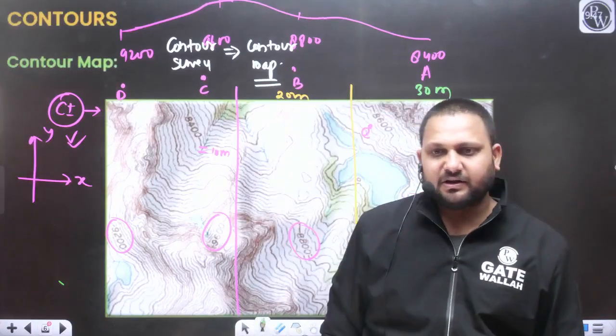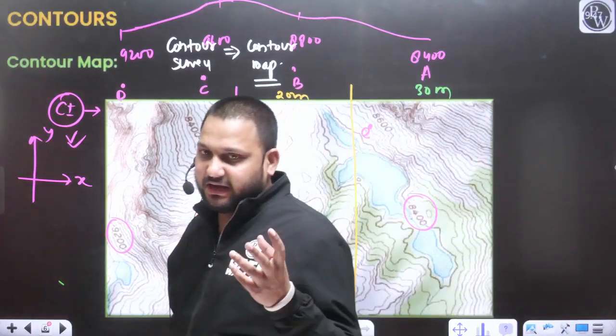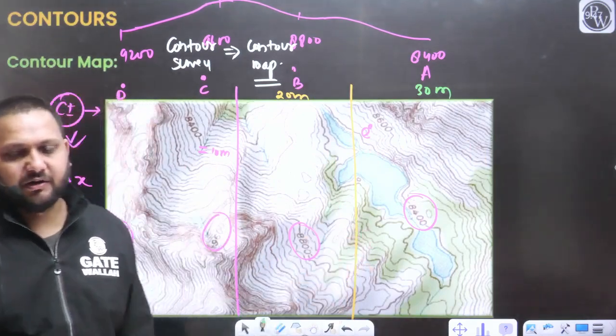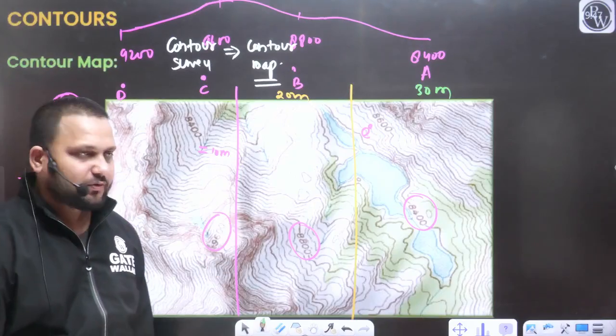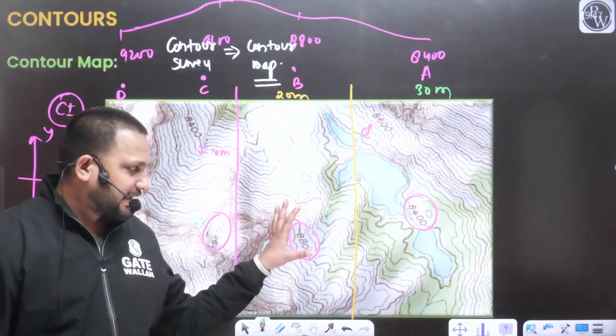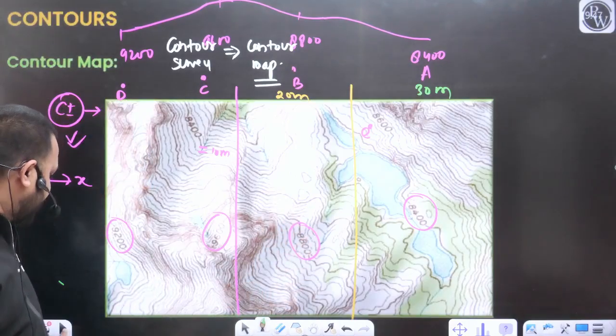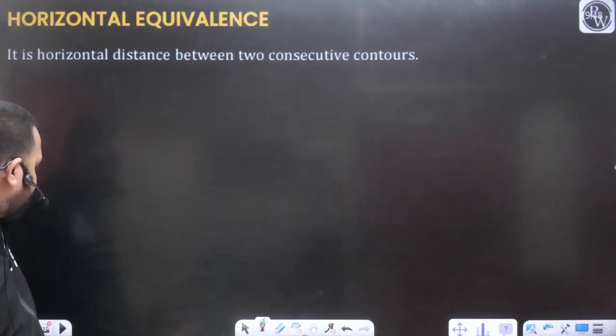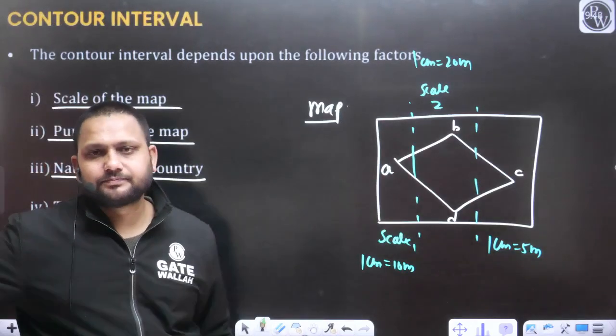It will be confusing when we extract the information from this contour map, yes or no? This is the example related to the contour, and that point I want to explain. For that I have taken a separate example of a simple map.